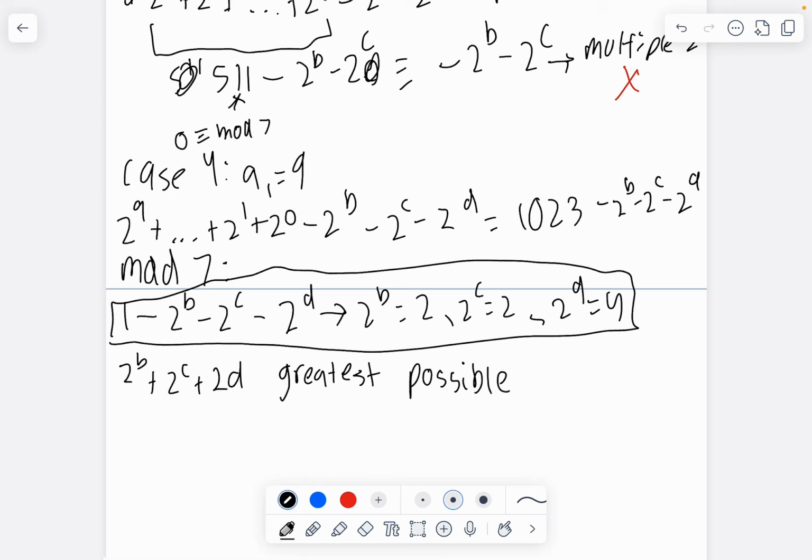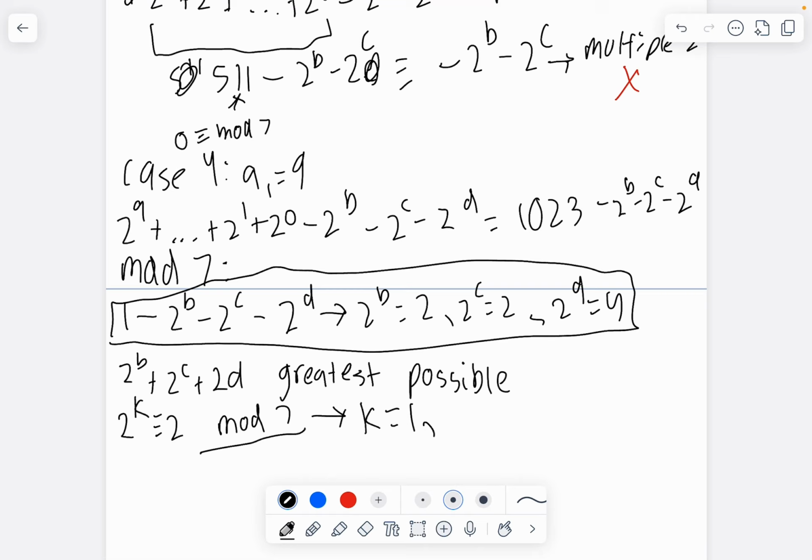So, to do that, we have to find a configuration where this is congruent in mod 7. And the equation would work if 2^k is congruent to 2 mod 7. And we can know that works because k could equal 1.